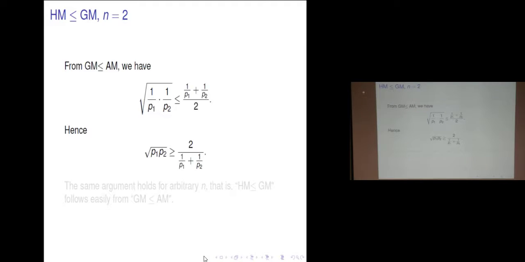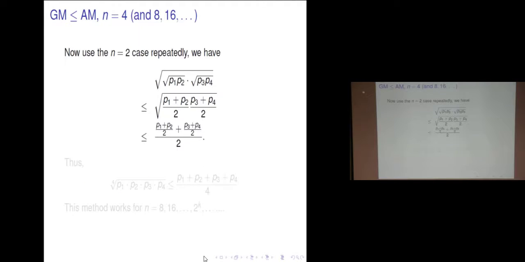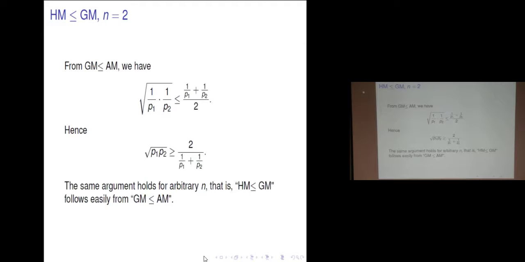So you get harmonic mean less than or equal to geometric mean. This argument holds for n. Although I write it for 2, suppose you have lots of terms here, you can do the same argument. So from this, we only need to show that the geometric mean is less than or equal to the arithmetic mean. Now, how do we show this? For n equals 2 it is easy.